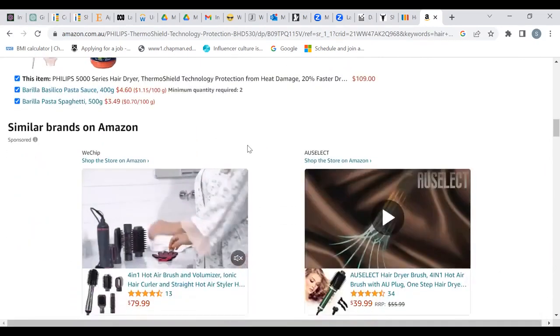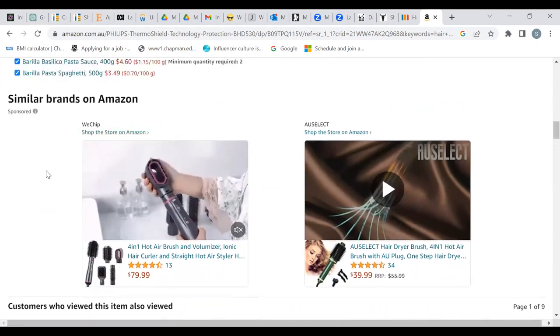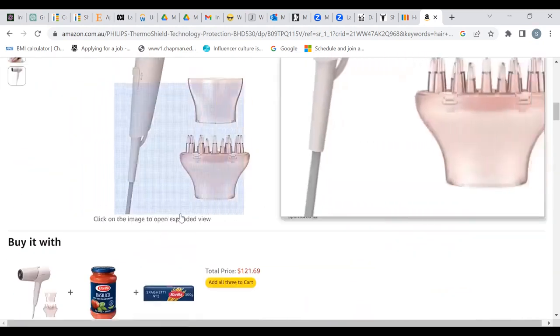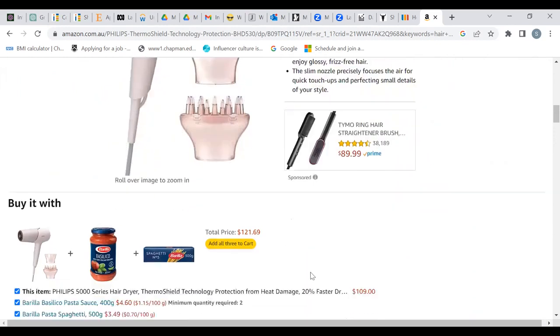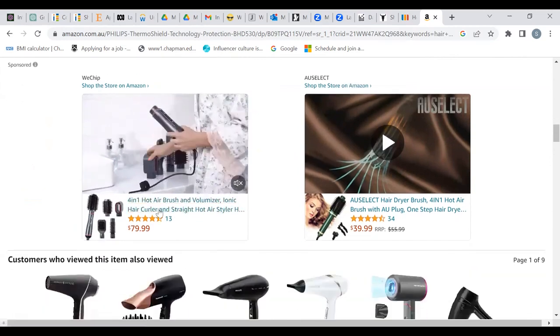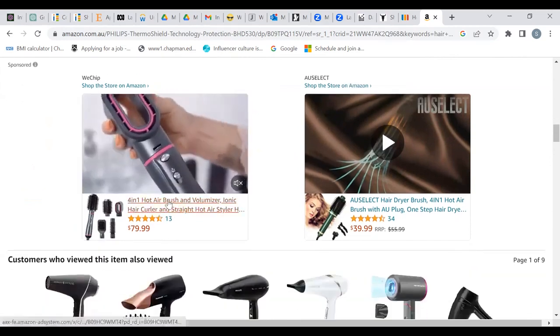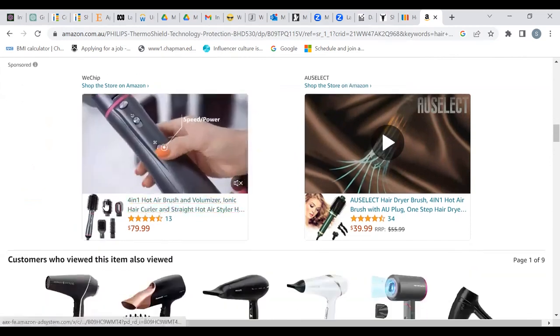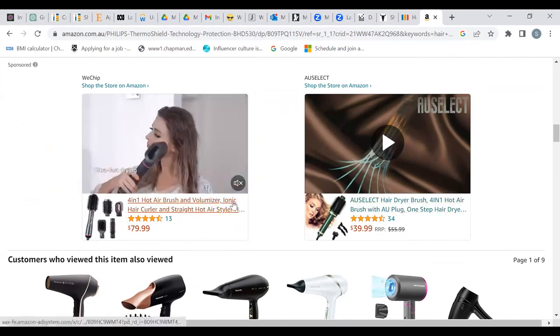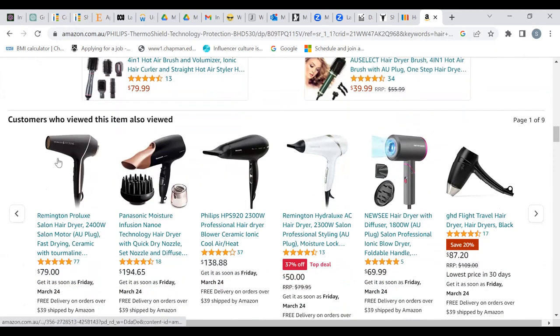And if you go still further down, it'll show you similar brands on Amazon. Because this particular brand is a high price brand at $121, it is also giving you the option of lower price brands here, and enticing you with many more accessories for that particular option. So these are all recommendations.